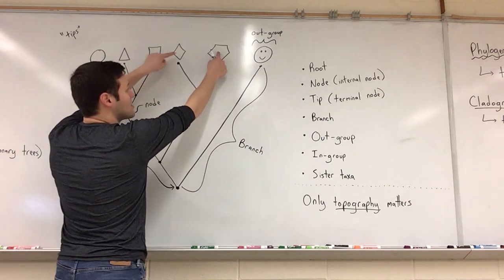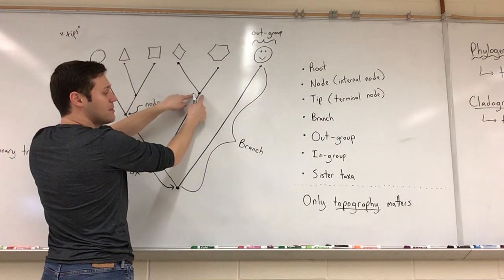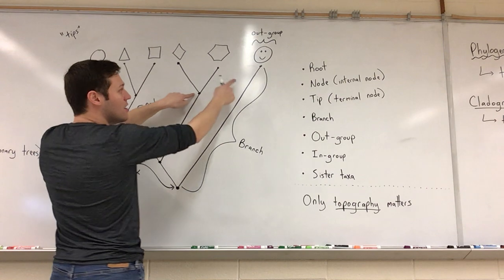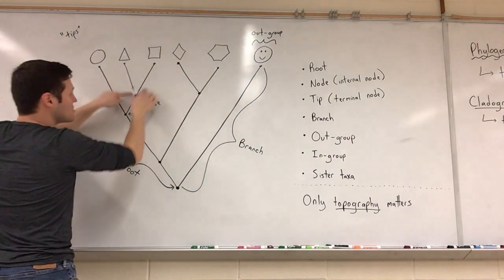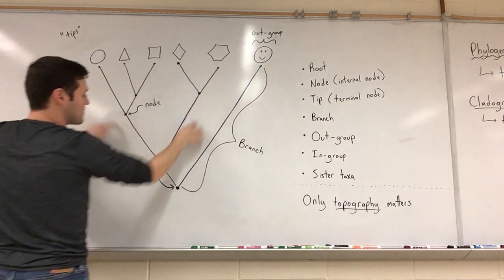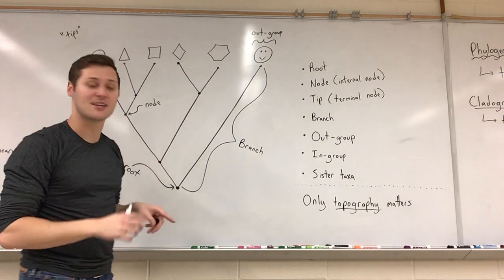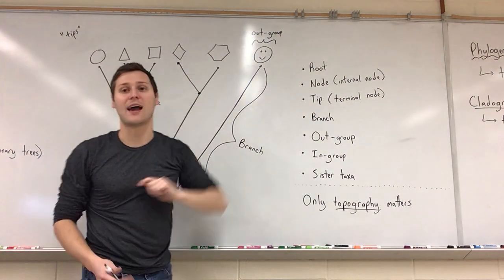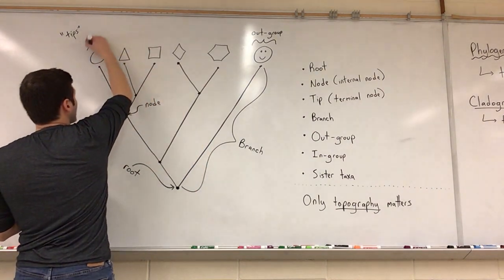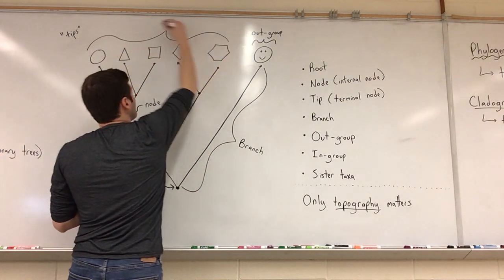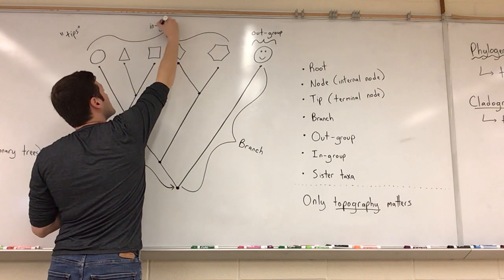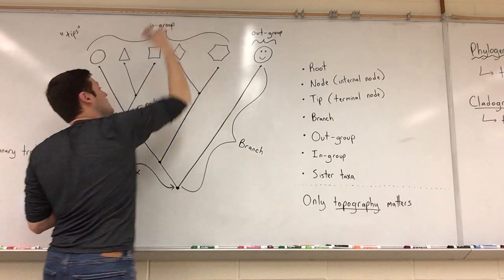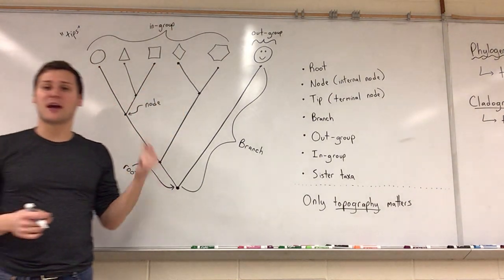Like this species and this species have a more recent common ancestor than with this species. Same with these two species. Same with this and this species, right? They have a common ancestor that is earlier in history than the common ancestor with the outgroup. So this whole group right here would be our in-group. So we have our outgroup, we have our in-group.